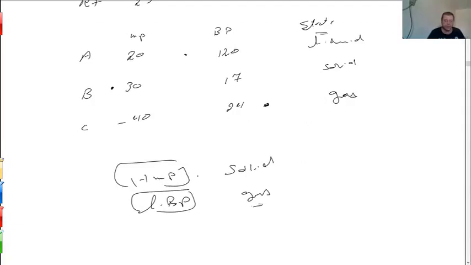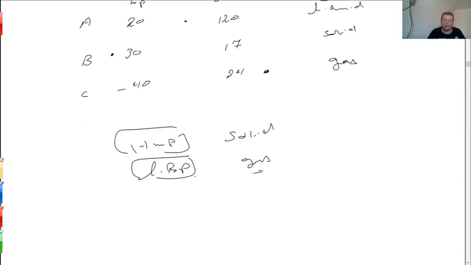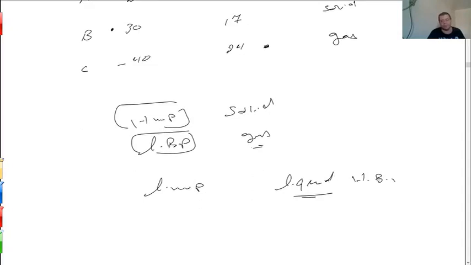This one is for the state. If you have a low melting point and a high boiling point, this one is a liquid substance. That is for the states of matter.